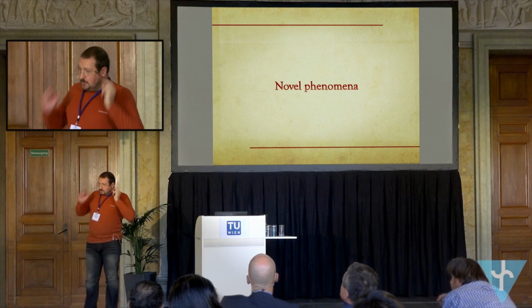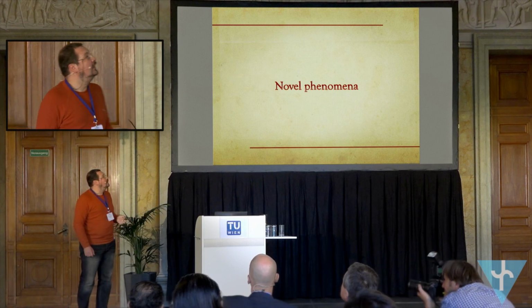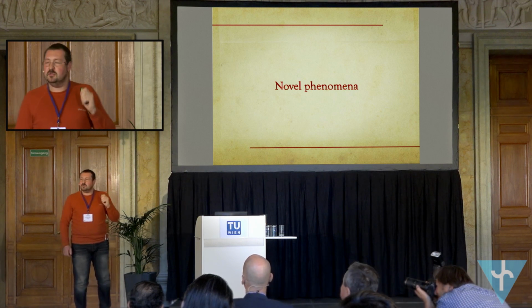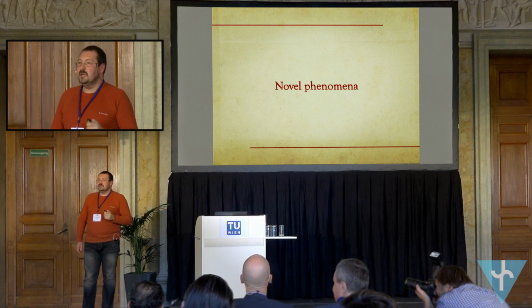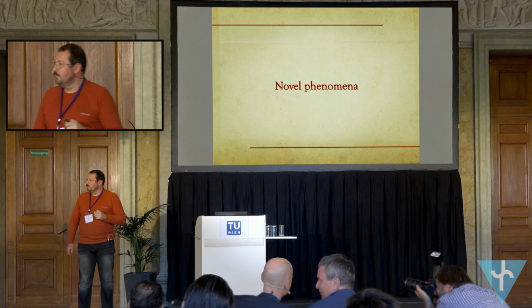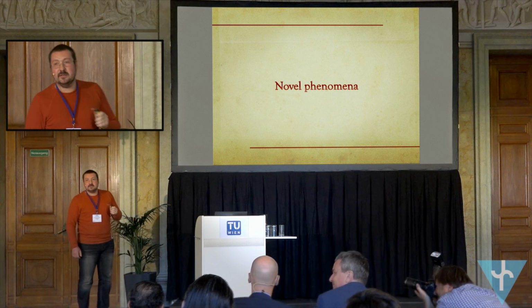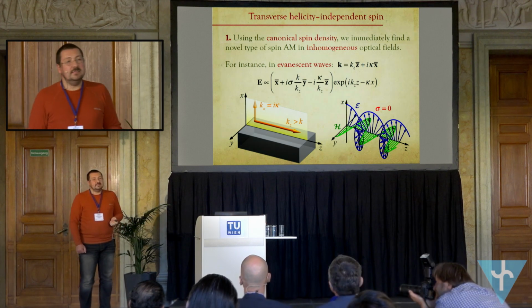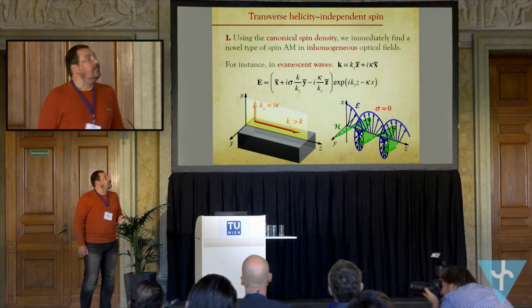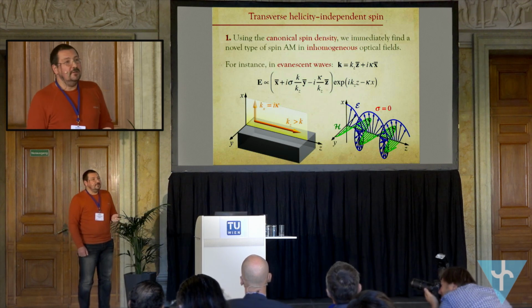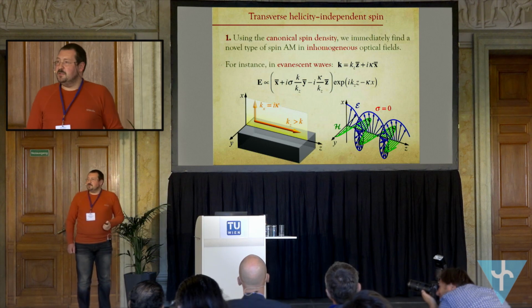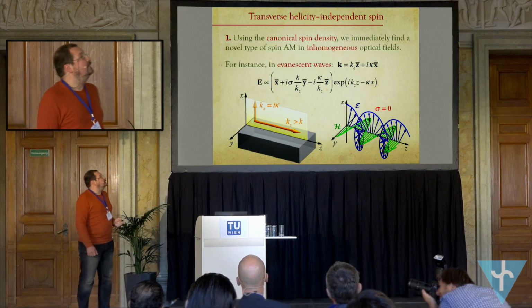So everything is good, but maybe we have even better news, because this new picture allows not only to resolve old problems, it allows to predict something new about light and photons. For example, if we calculate spin density using this formalism for inhomogeneous optical field, we immediately discover new type of spin of light, new type of spin of photons.